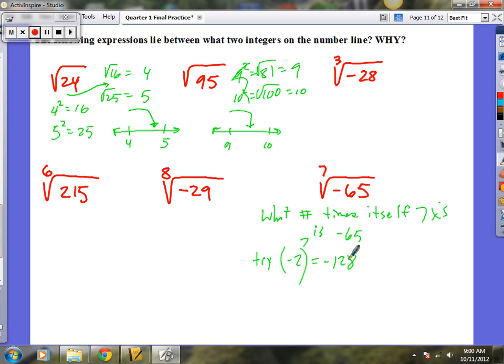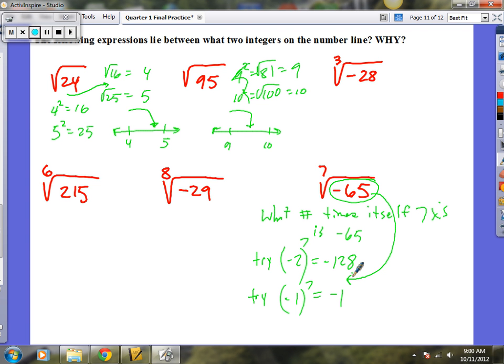So I'm kind of close. So I'm going to adjust. I'm going to try a negative 1. A negative 1 to the 7th is just going to be a negative 1 times negative 1 times negative 1 over and over. So it's going to be a negative 1. Okay, now I know it's between those two integers. So a negative 65 is between a negative 128 and a negative 1.